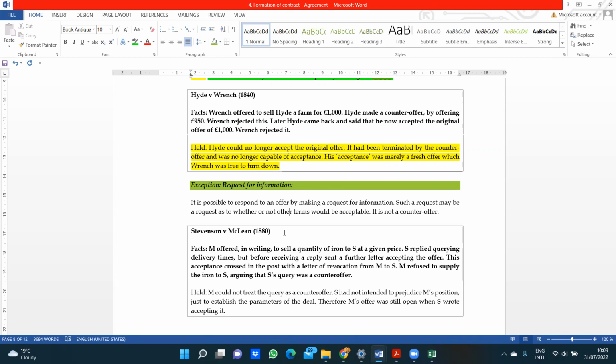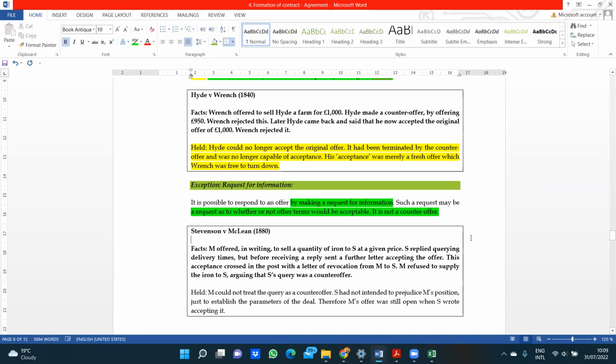It is possible to respond to an offer by making a request for information. Such a request may be a request as to whether or not the terms will be acceptable. It is not a counter offer. This is very important. A request for information is not a counter offer.